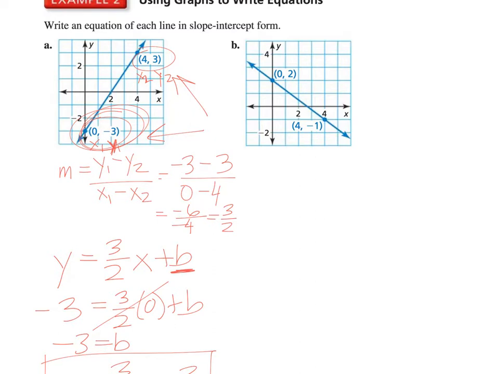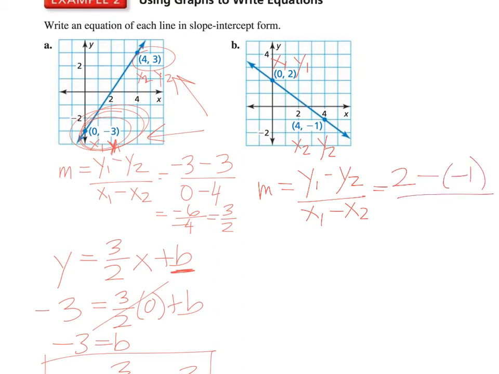Same deal, I've got these 2 points. That's my x1, y1, and that's my x2, y2. So the slope is y1 minus y2 over x1 minus x2. Y1 is 2 minus y2, which is -1, over x1, 0, minus x2, which is 4. So I have 2 plus 1, which is 3, and 0 minus 4, which is -4. There's my slope. Let's plug that into the general equation.